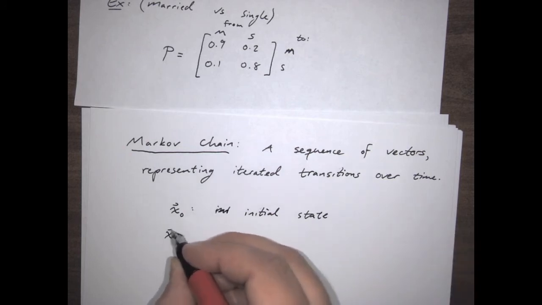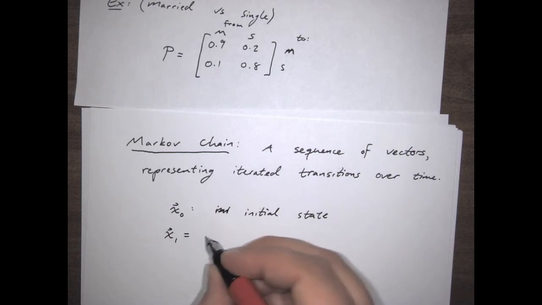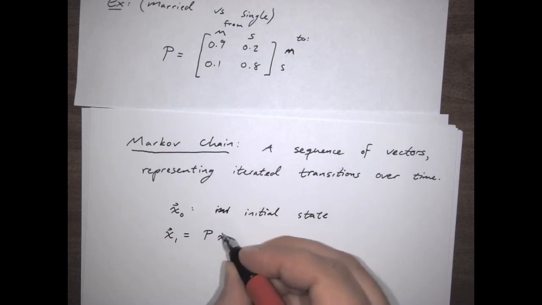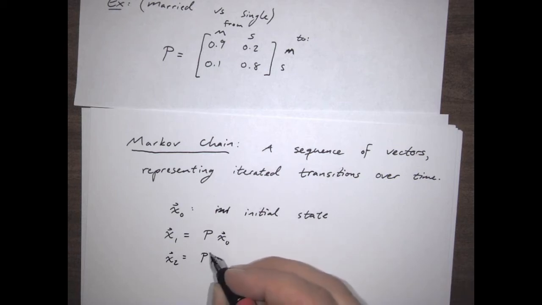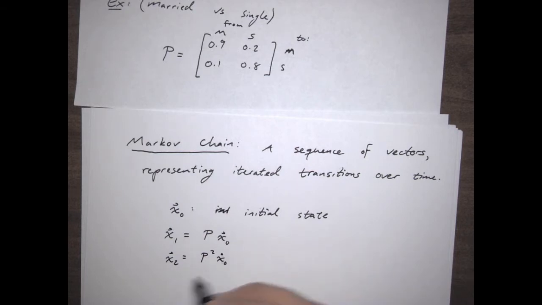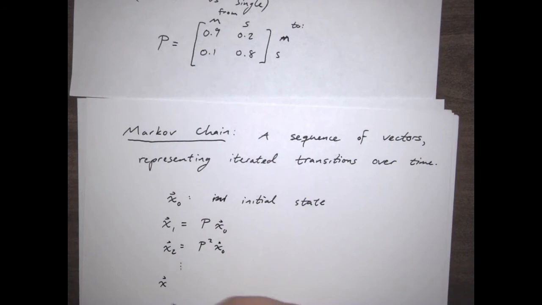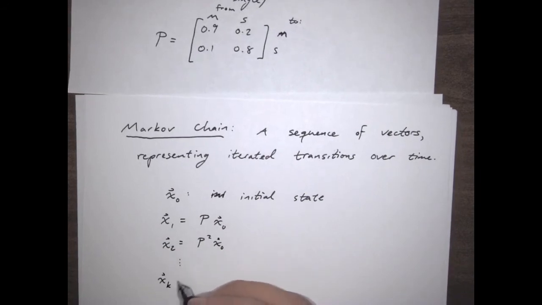And then x1 would be P times x0. And then x2 would be P times x1, or in other words, P squared times x0, dot, dot, dot. And we'll go to xk is equal to P to the k, x0.